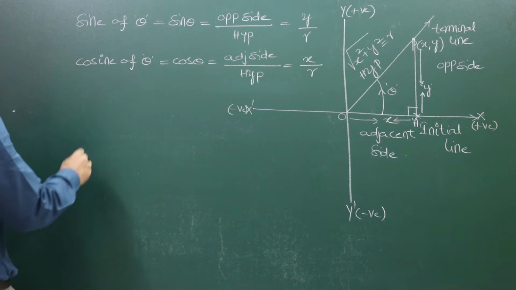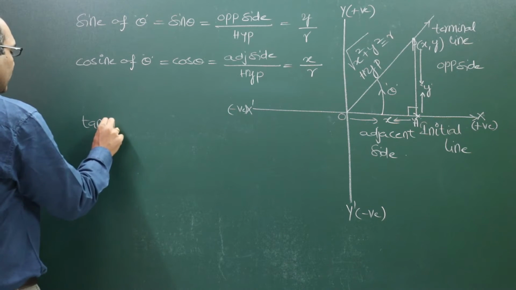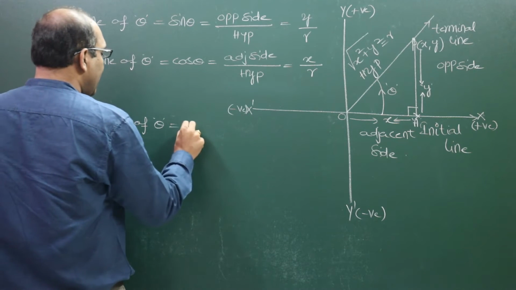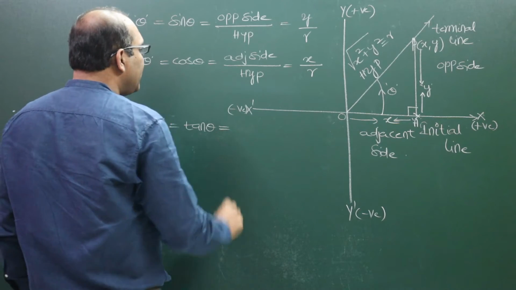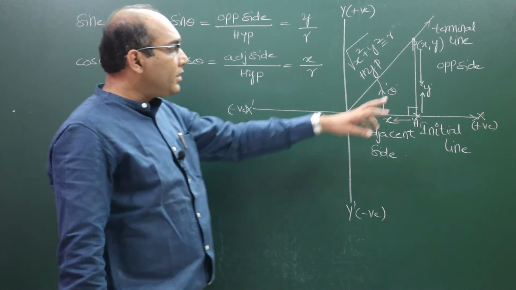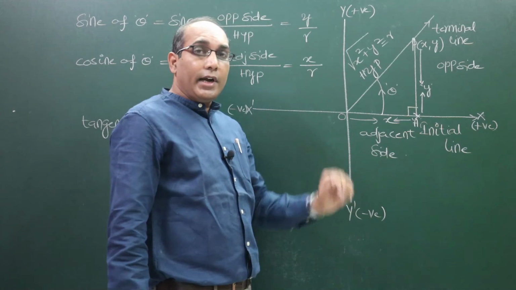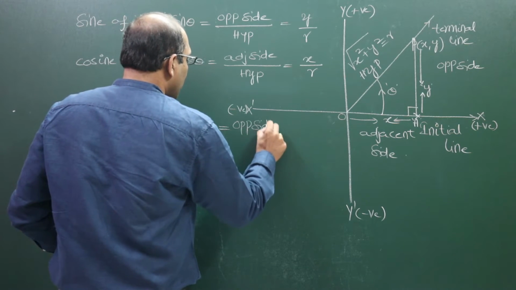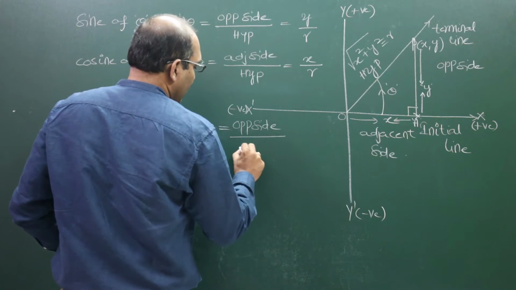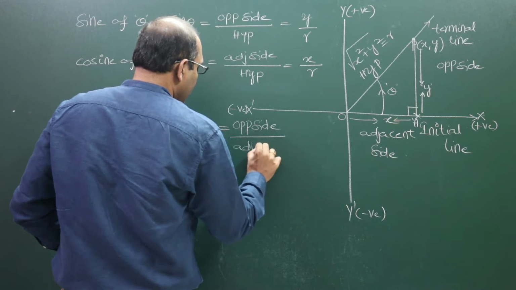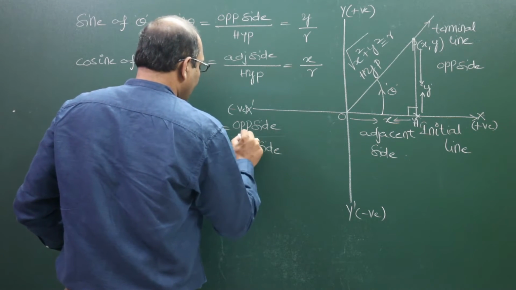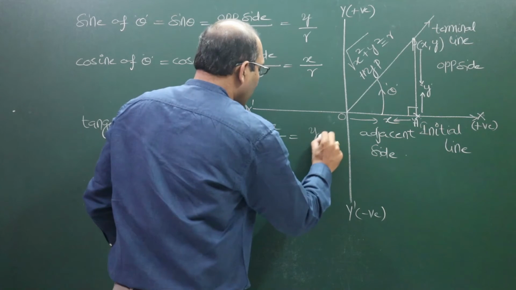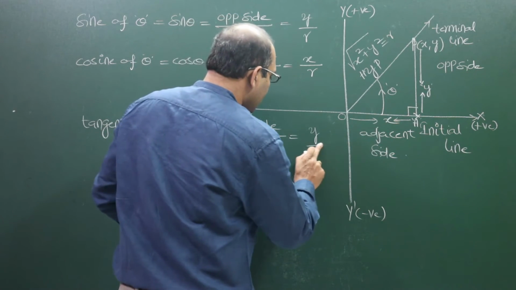And next trigonometric ratio is tangent of theta, that is tan theta. The tan theta is nothing but the opposite side by adjacent side. Opposite side by adjacent side. What is opposite side? y. What is the adjacent side? x.